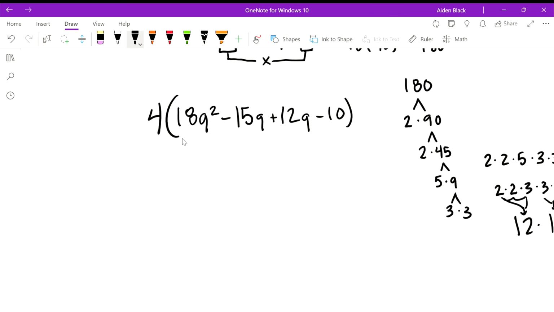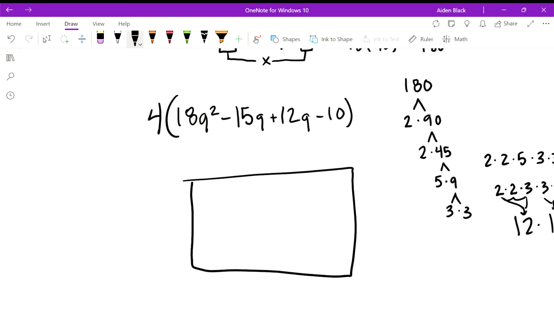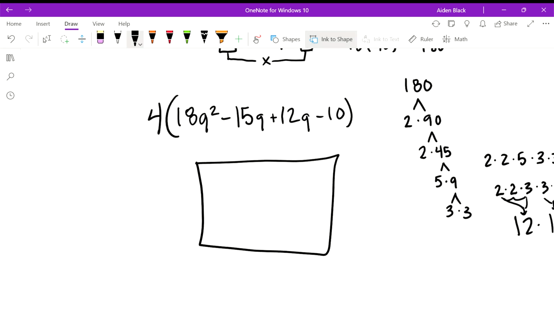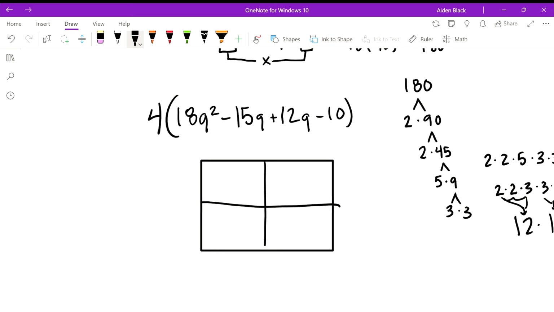Now that we have the 4 terms, we can use the box. And this is why that box is nice. It keeps things orderly. Here we go. Alright, so we have 18q squared, negative 15q, 12q, and negative 10.